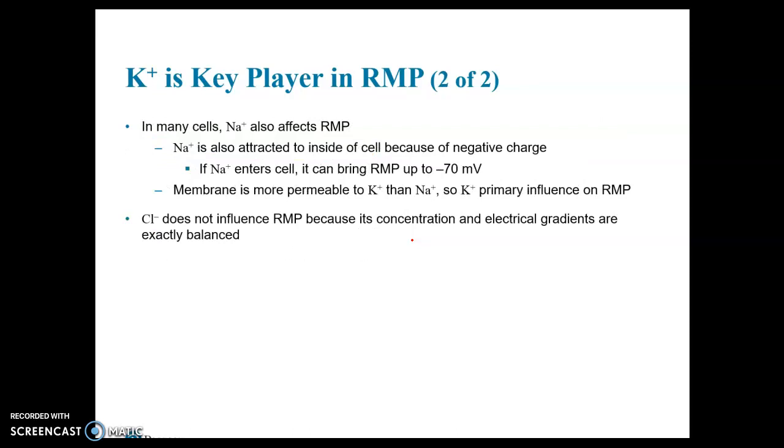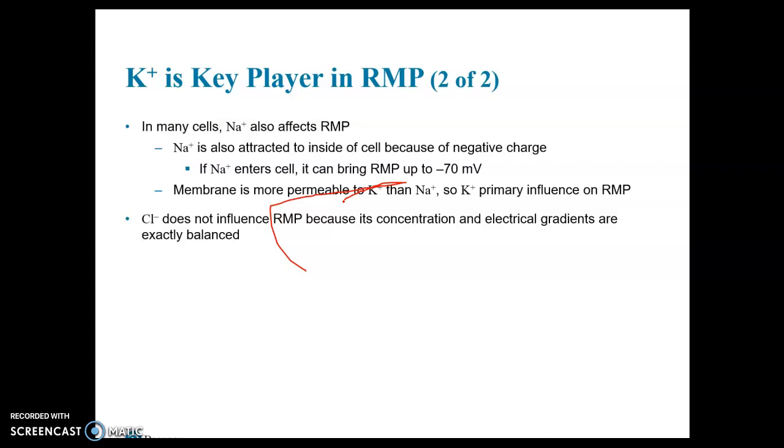Sodium is another player. Sodium concentration is high outside the cell, so it's attracted to the inside of the cell. Sodium is attracted to the inside of the cell for two reasons: because sodium is positive and the inside of the cell is negative, and also because of its concentration gradient.